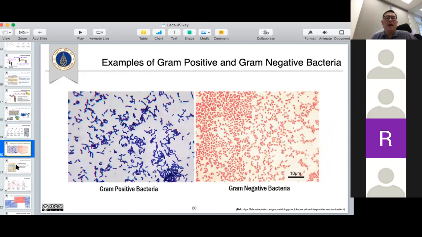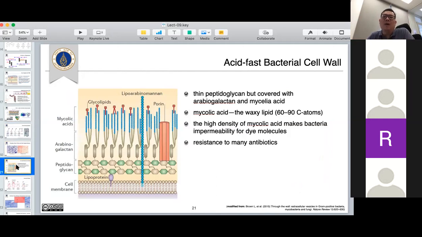Apart from gram positive and gram negative, they have another type of cell wall called the acid-fast bacterial cell wall. The acid-fast bacterial cell wall looks like this. The cell membrane has peptidoglycan. One marker that is different from the other bacteria is the purple one, lipoarabinomannan.